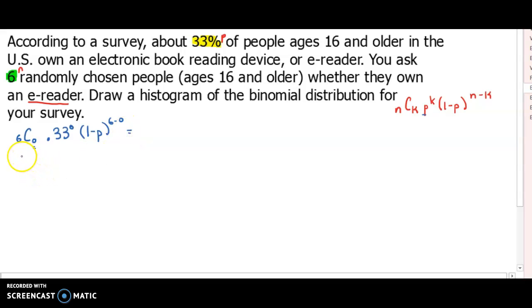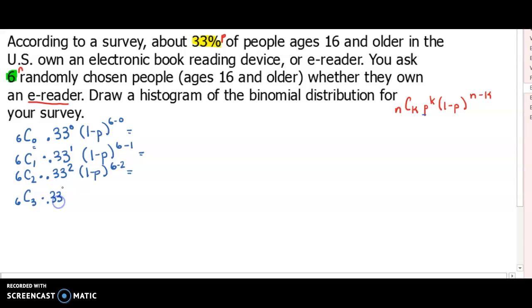Then my next one up: 6 choose 1 times 0.33 to the 1, 1 minus P to the 6 minus 1. The next, 6 choose 2 times 0.33 to the 2, where K is 2, 1 minus P to the 6 minus 2 power. Or 6 choose 3 times 0.33 cubed, 1 minus P to the 6 minus 3 power.